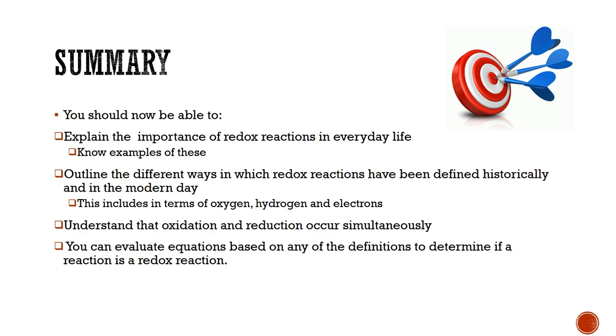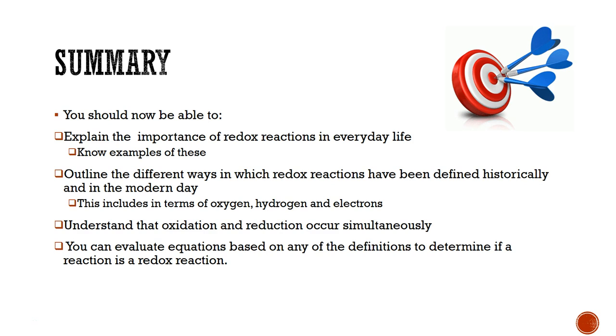So that's it for our definitions. Hopefully, once you've gone through this, have a bit of a read of your textbook as well, and you should be able to explain the importance of redox reactions in everyday life, giving a few examples of these, and outline the different ways in which redox reactions have been defined historically: their reaction with oxygen or hydrogen, or the transfer of electrons.